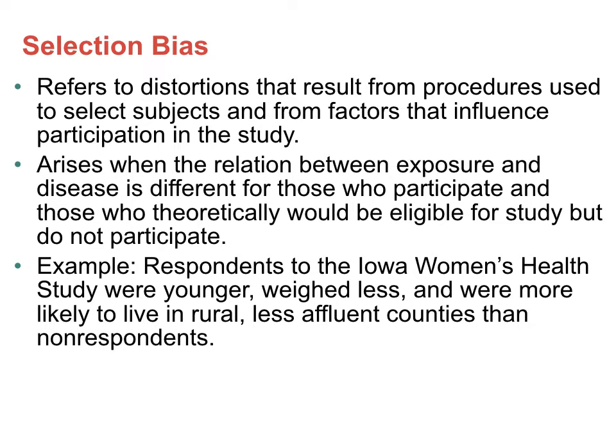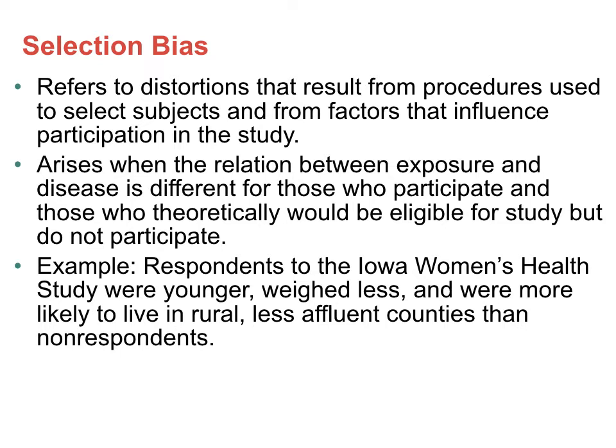Selection biases can arise when the relation between exposure and disease is different for those who participate and those who theoretically would be eligible for the study but do not participate. An example could also be respondents to the Iowa Women's Health Study.